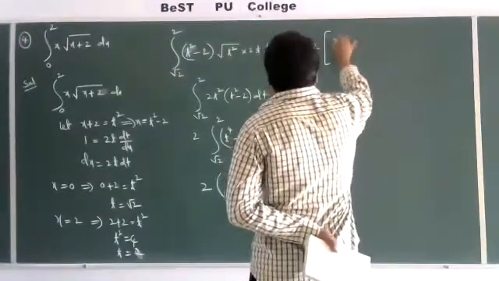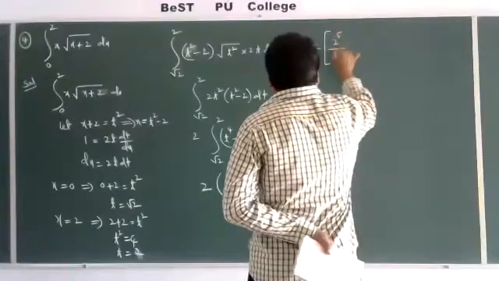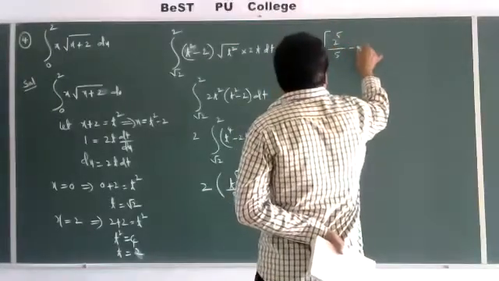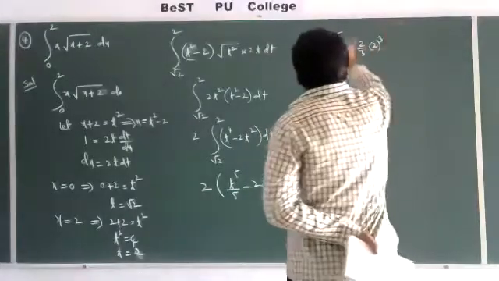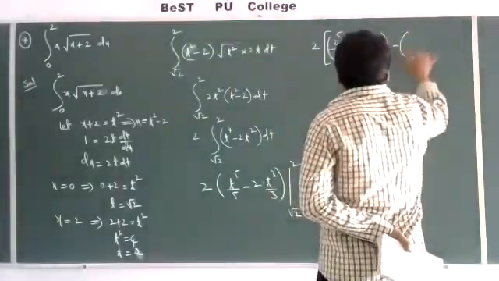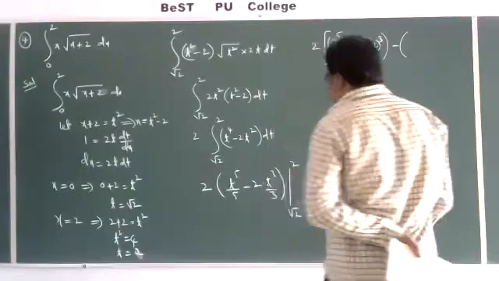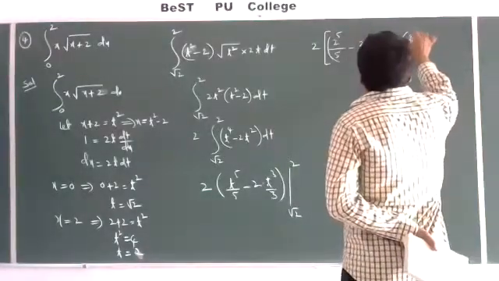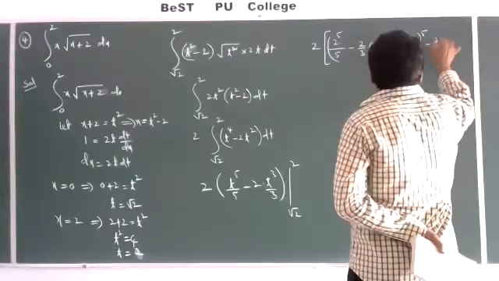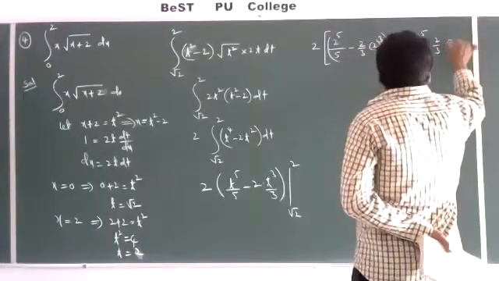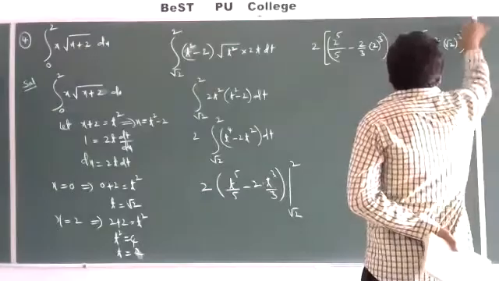First substitute the upper limit: 2 to the power of 5 by 5 minus 2 by 3 into 2 cube, minus the lower limit: root 2 whole to the power of 5 by 5 minus 2 by 3 into root 2 whole cube.